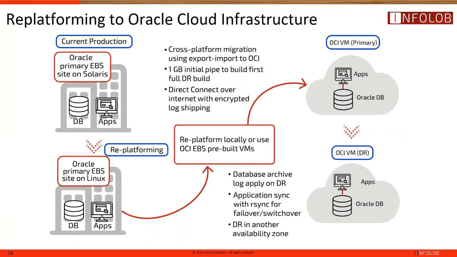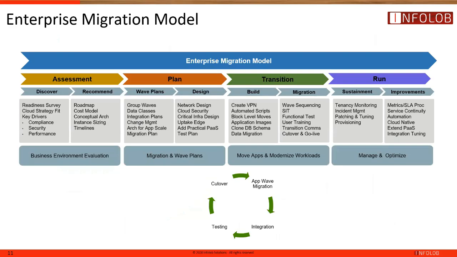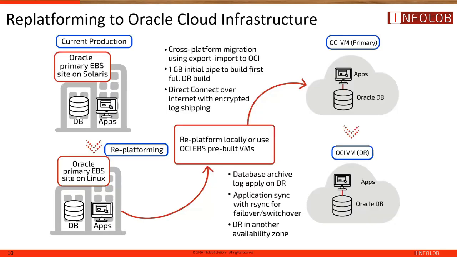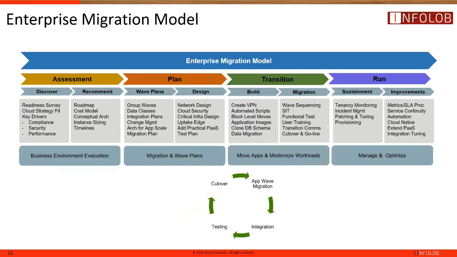We would use that to determine the cloud readiness status of your stack, and then look at the number of environments you would be using in the new environment, or if you want to add another test, training, or DR environment, and then also the number of applications over and above EBS, and the number of modules within EBS that you would be moving. So we would go through our structured approach. You can go ahead and move, Javid.